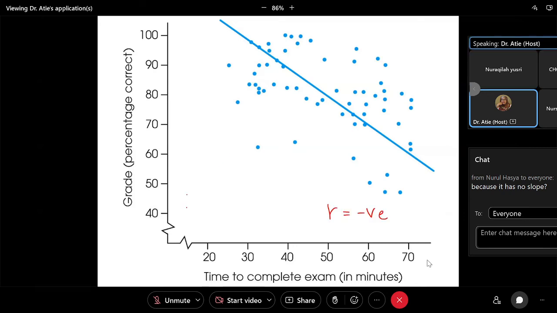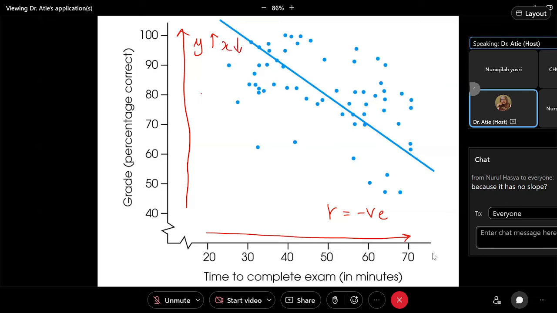If the grade is going up, then the time taken for the exam is going down. So if Y is going up, X is going down. If the grade increases, the time taken will decrease. So it means that all the good students take less time to finish their exam. Understand?